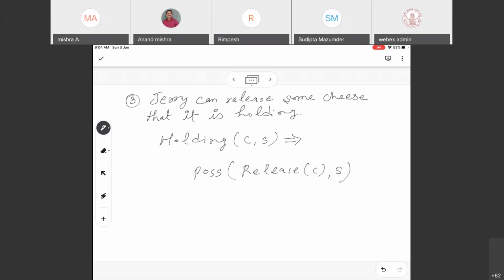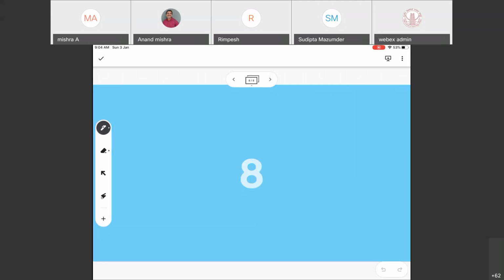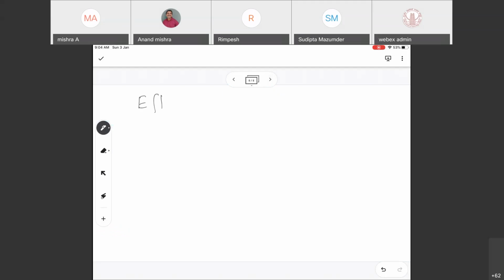The other one is called effect axioms. We'll give some more problems today, which will make it more clear. But let's also look at some examples of effect axioms. We said you have some possibility given, and then you describe the other way: what happens when the action is executed? Let's look into example one.